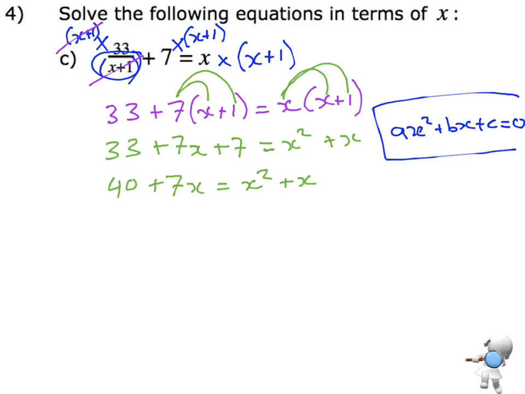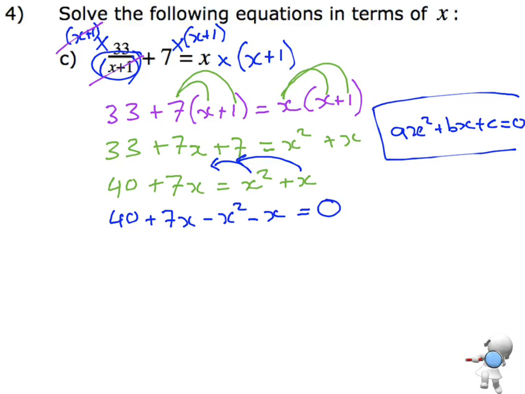So I'm going to take the x squared to the other side, and I'm going to move the x to the other side as well. I'm going to leave my 40 plus 7x there. X squared moves across and becomes minus x squared. The plus x becomes minus x, and on the right hand side I'm now left with 0.